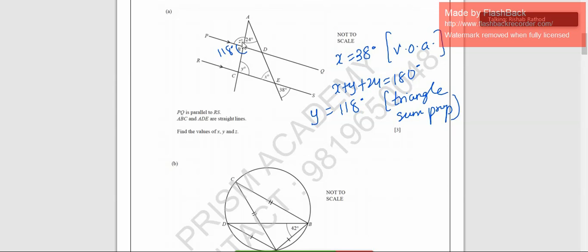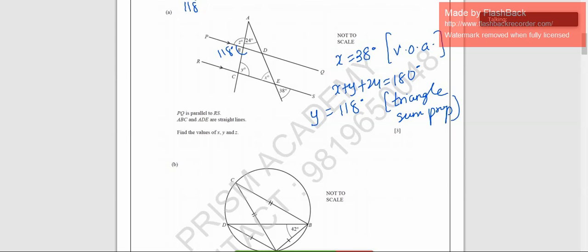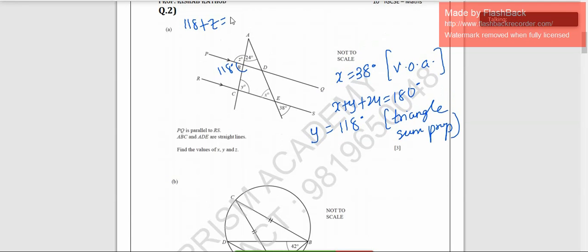So 118 and z, they are a linear pair. So I get z as 180 minus 140, which is 62.